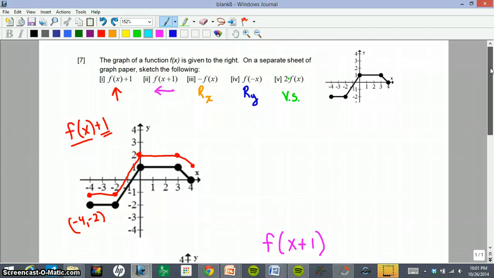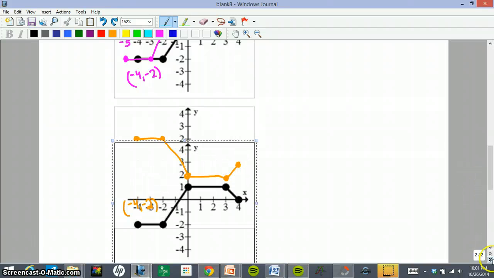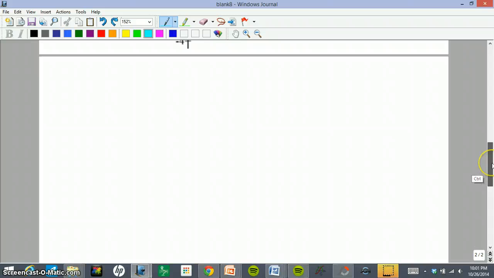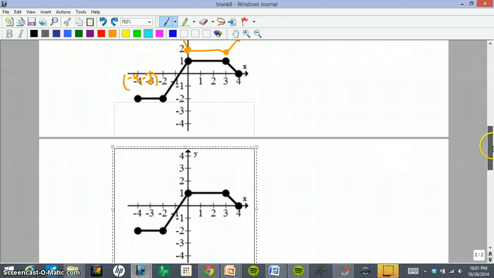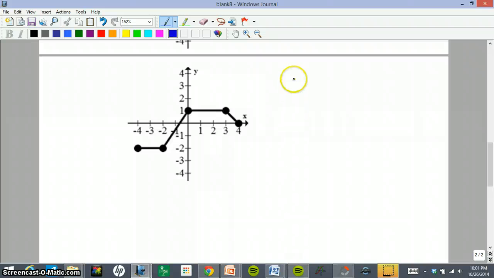Now let's go to f of -x. So if I look at this ordered pair, -4, -2, now I take the opposite of x.